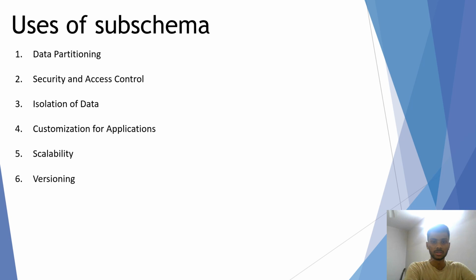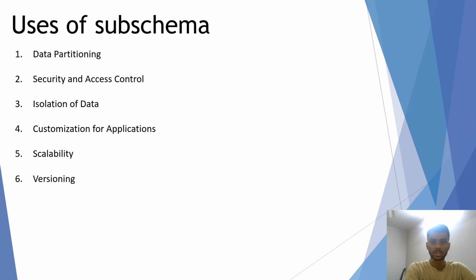Coming on to the uses of subschema. So, data partitioning. Schemas allow for data partitioning by defining subsets of the overall schema. Different users or applications can work with the designated subschema, limiting their access to specific tables or views. Security and access control.